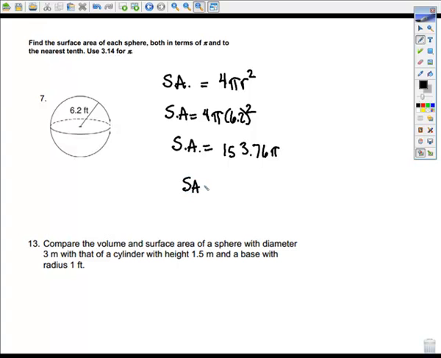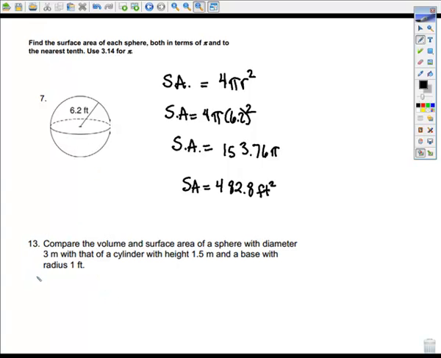Then if I use 3.14 for pi, I get 482.8 feet squared. So if I had a square foot, it would take almost 483 to cover up the surface of this. Find the surface area of each, I don't understand what it says of each sphere. Oh, I guess it's just this one, because there were different problems.